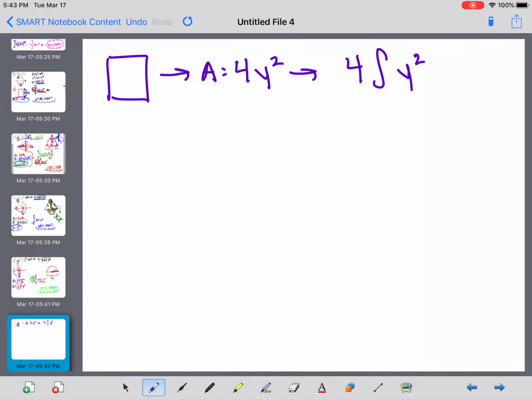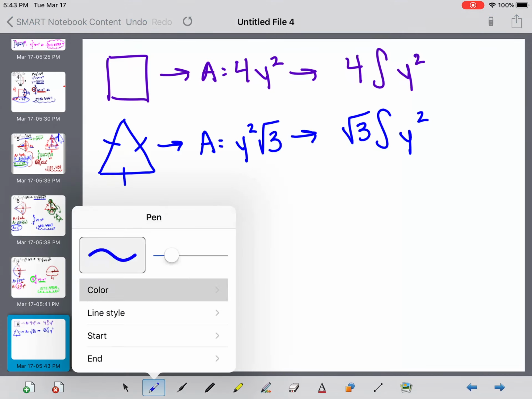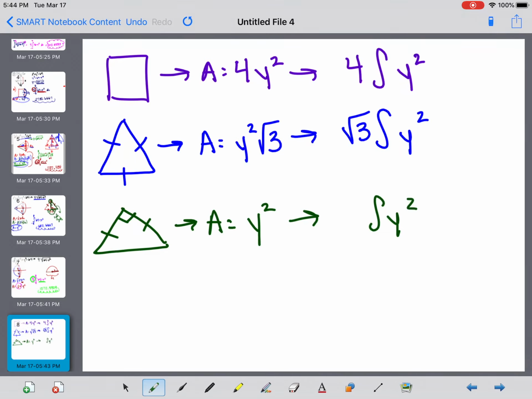If we were dealing with an equilateral triangle, the area was y squared, square root 3, and our integral was square root 3 y squared. Ooh, equilateral. There you are. All right, if we were dealing with an isosceles right triangle, our area was y squared, which left us to just y squared.